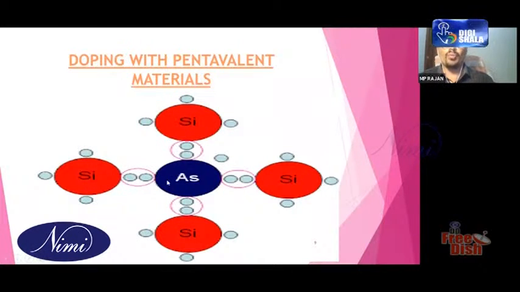Now, how these bonds are being made, let us see. Arsenic is also sharing the electron, but silicon requires only 4. The surrounding 4 silicon atoms require only 4, whereas arsenic is having 5 electrons. The 5th electron is free.